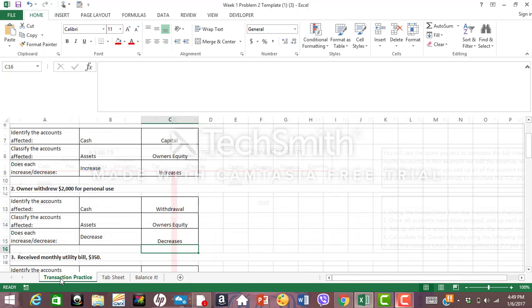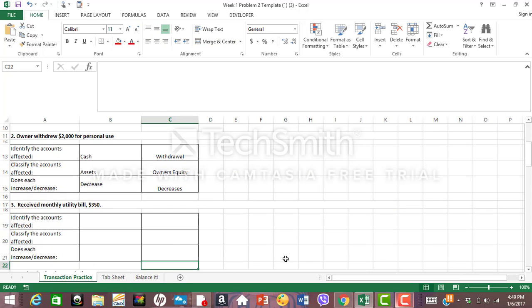We go back to the third transaction, and the third transaction says received monthly utility bill for $350. That's an extra additional account that has been added to our owner's equity, which is an expense. So cash, which is a part of assets, obviously decreases, and supplies expense, or just an expense, depending on how it's recorded under the tab sheet, under owner's equity, also decreases.